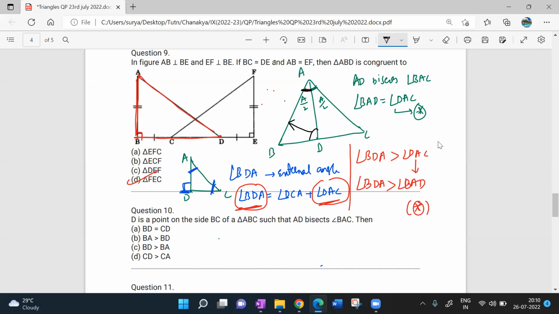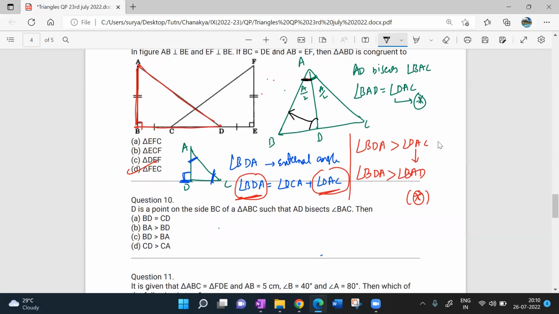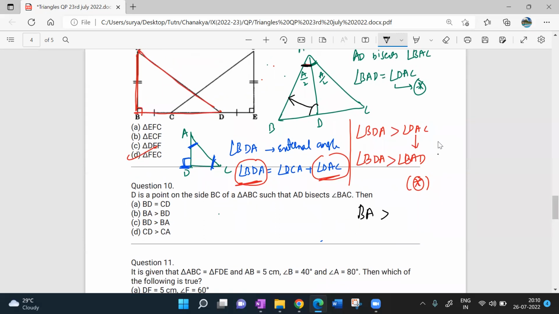What is opposite to BDA? AB. Opposite to BAD, now tell me, is BD. Now this BA is greater than, what is the opposite side?